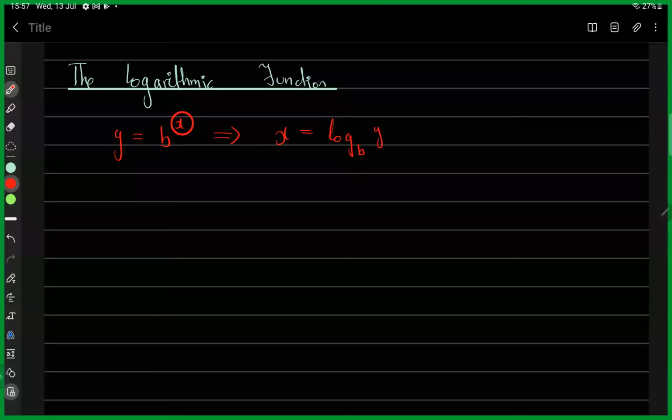Okay, this is basically the formal definition of the logarithmic function. This was a simple equation, y equals b power x. I can write down the same idea, the same concept using logs as x equals log base b of y. This is the base, this is the power, and this is y. We will be talking about some questions and then things would get very, very clear.